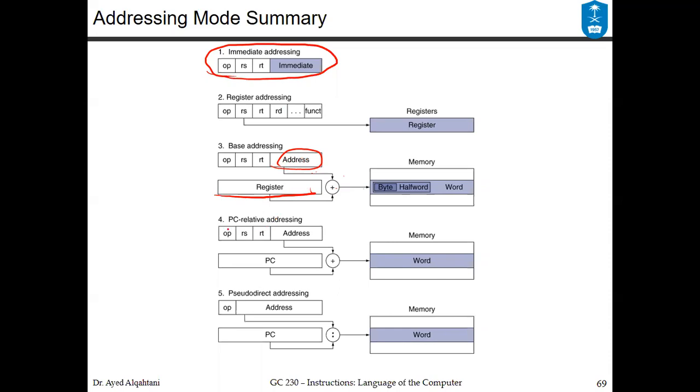We have also PC relative addressing, and this is what we did in the branch, whether it's branch equal or not equal. And we just explained this, that we take the PC, and we already know that the PC contains PC plus 4, which is the next instruction, and we add to it the address that you have here.